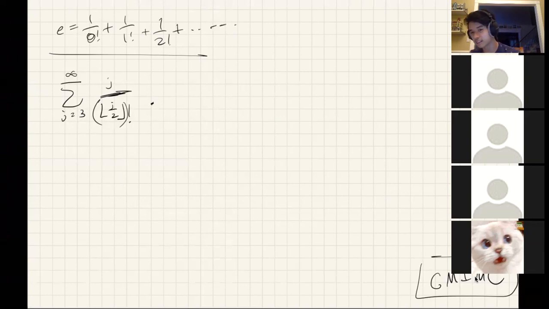It's going to ask you to determine the value of this sum in terms of e, which is clearly a bit harder than our last question, right? So this is an infinite sum.